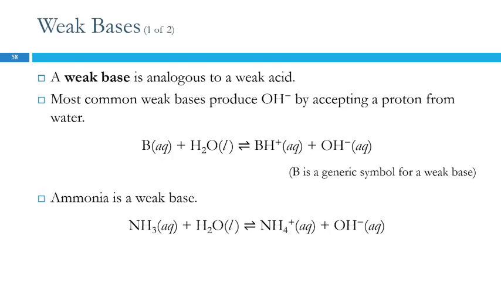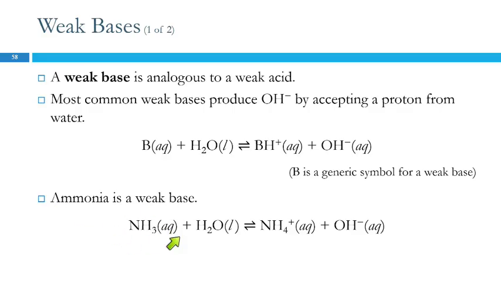So a weak base is like a weak acid. Most of the common weak bases produce hydroxide by accepting a proton from water. So here we have our base, B, not boron. Base plus water, the base will accept a hydrogen ion, and that produces the hydroxide. So ammonia is a weak base that you should recognize.